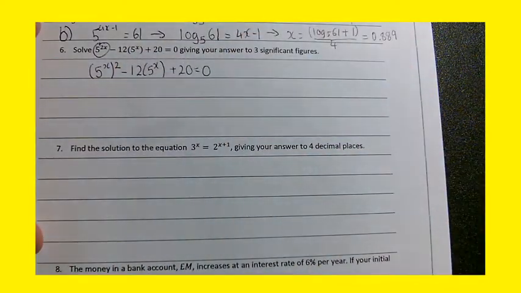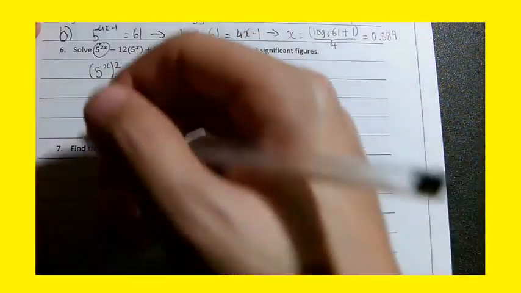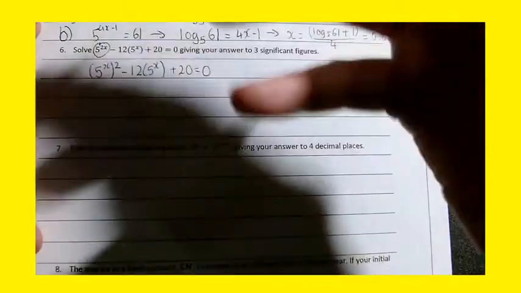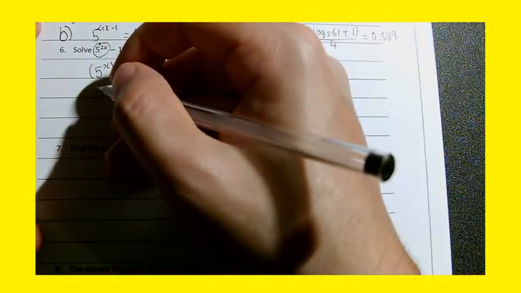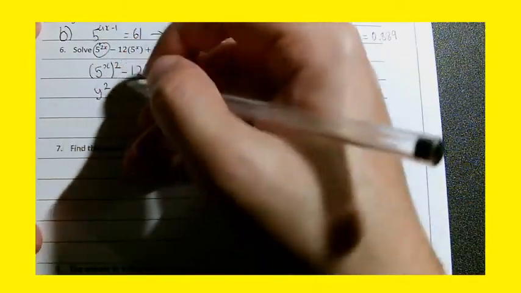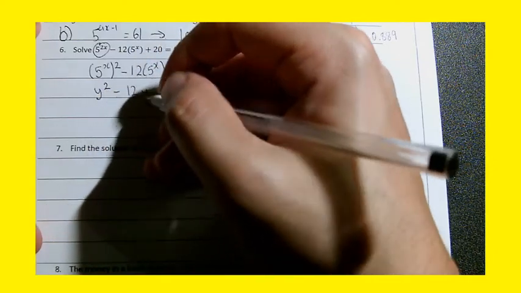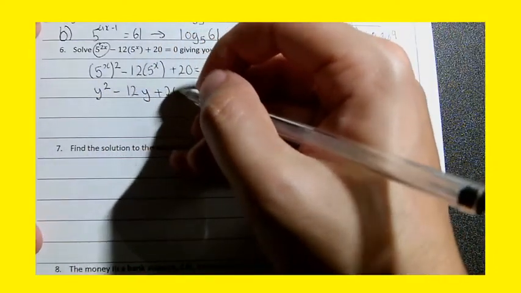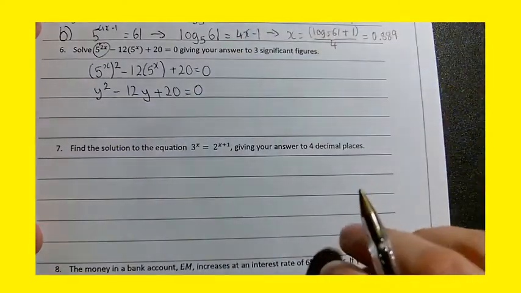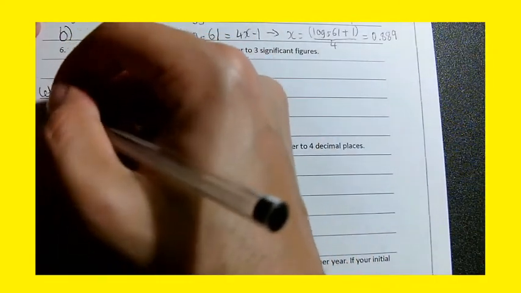So what you can do is you can either factorise as it is. I prefer to rewrite 5 to the x in terms of a different letter, so I'm going to use, I don't know, y. At least that helps me visualise the quadratic a lot easier. Just going to write it here, let y equal 5 to the x.